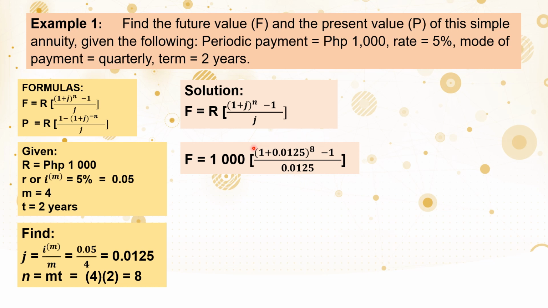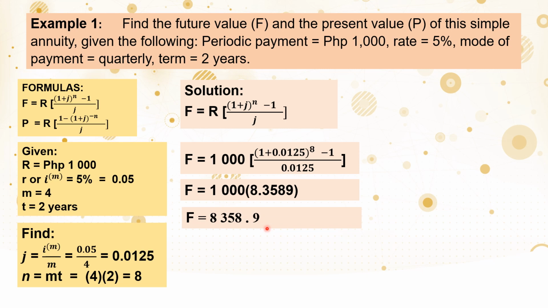Simplifying this using our scientific calculator, we will get 8.3589. Multiplying now 1,000 and 8.3589, we will get 8,358.9.